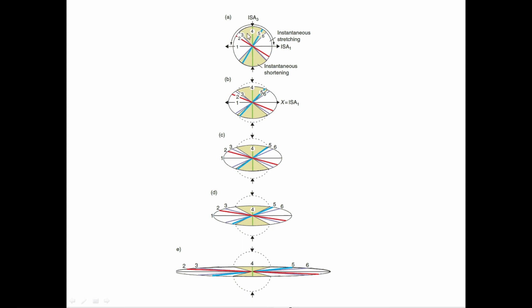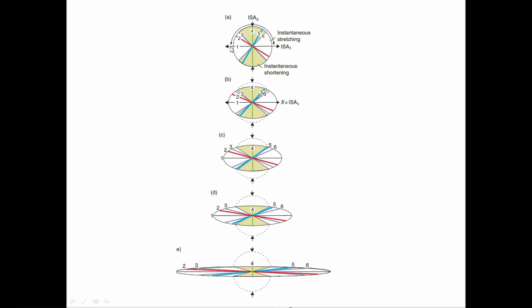So the material lines falling in this creamy region will deform to give folds, while the material lines in this white region will yield Boudinage after deformation. The maximum intensity of the fold will be in the material lines which are parallel to the instantaneous shortening axis ISA 3, that is parallel to the green line 4.